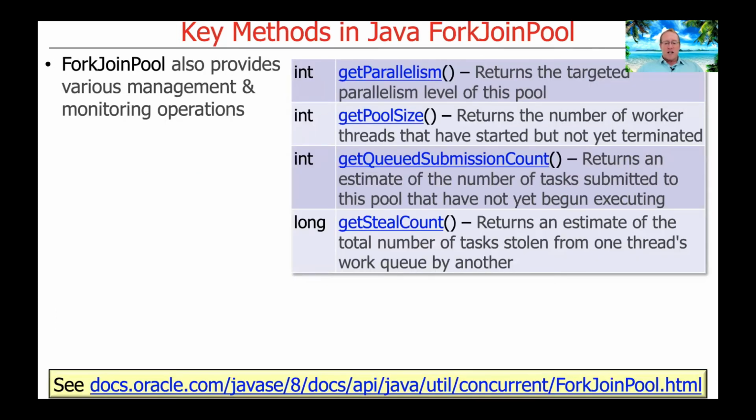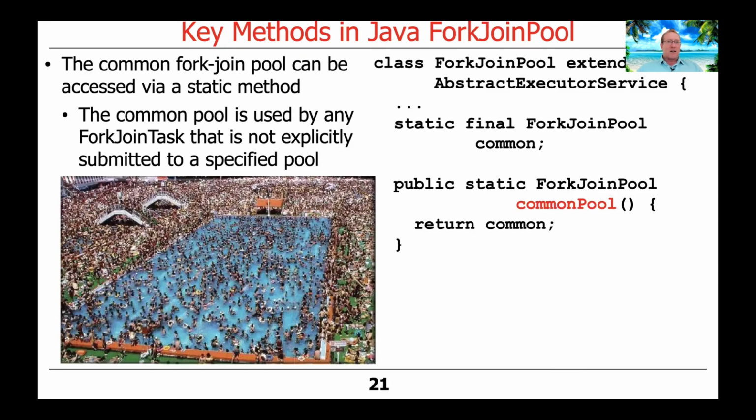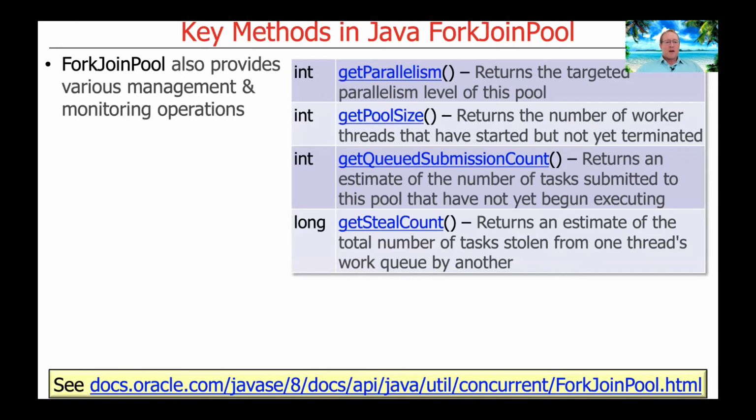And there's actually a really good reason to have a common fork join pool. If you submit all your tasks to the common fork join pool, then the underlying fork join algorithm with its cool work stealing behavior can optimize and maximize utilization of the underlying processor cores because it has a global view of all the things that are running on the platform.